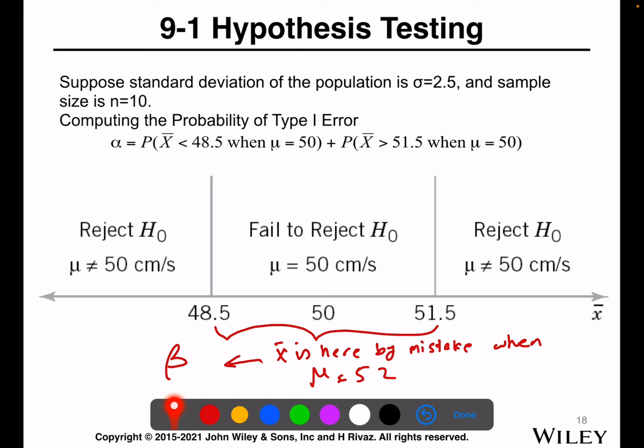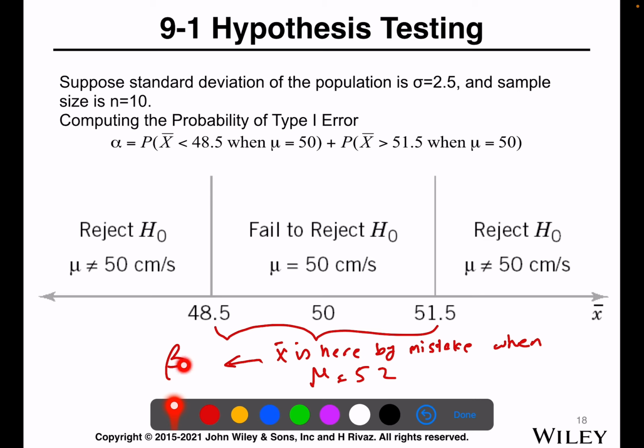So what you actually calculate here is what we call the power of the test, right? We ask how powerful our test is, meaning that if the actual mu was 52, it can find out that the null hypothesis is incorrect. But if the actual mean was, for example, 50.1, that's very hard to reject the null hypothesis, right?